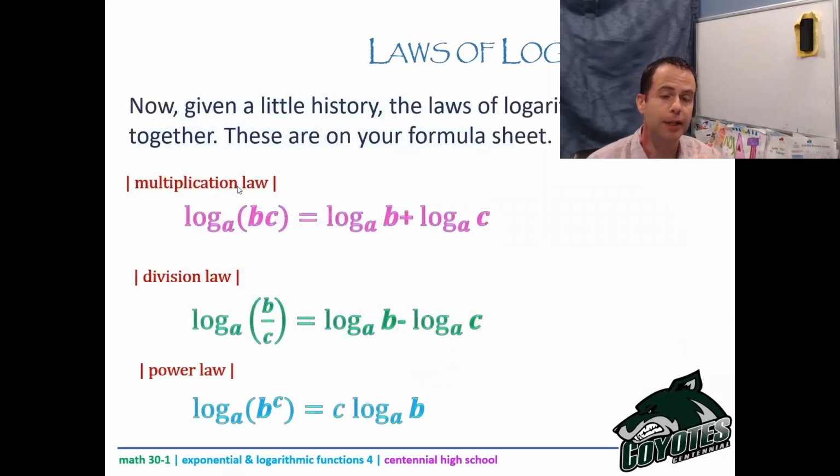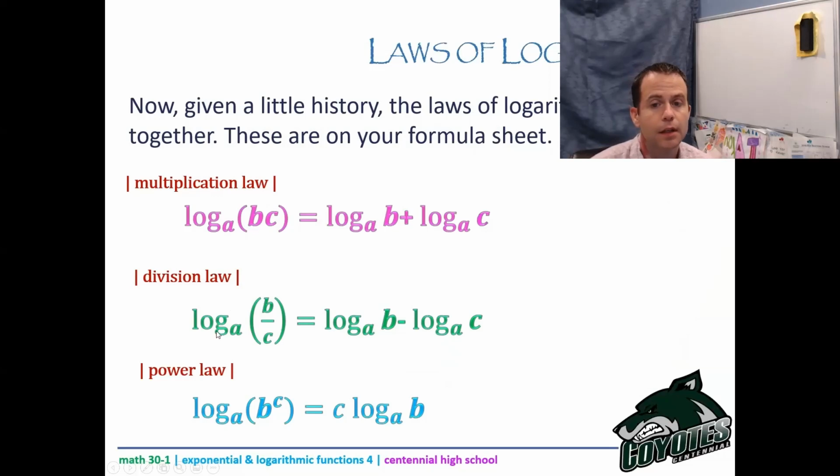So we have a multiplication law, a division law, and a power law. The multiplication law says that log base A of B times C, so anytime you have factors being multiplied together, you can expand that out to be log base A of B plus log base A of C. So multiplication can be expanded out to be separate log addition.